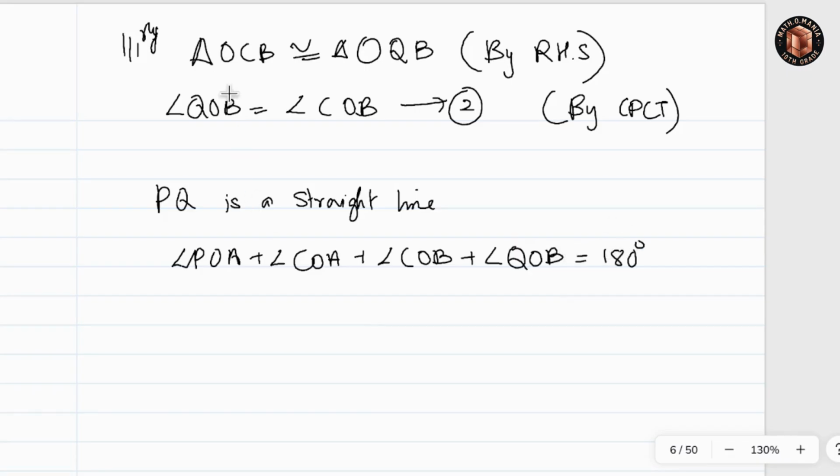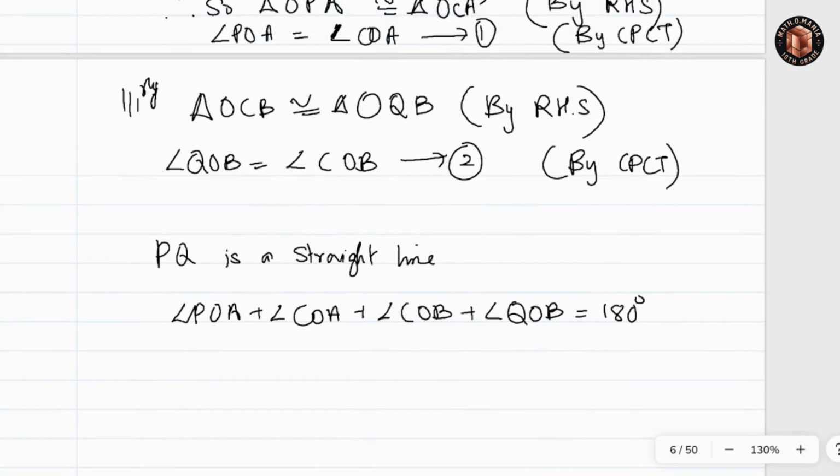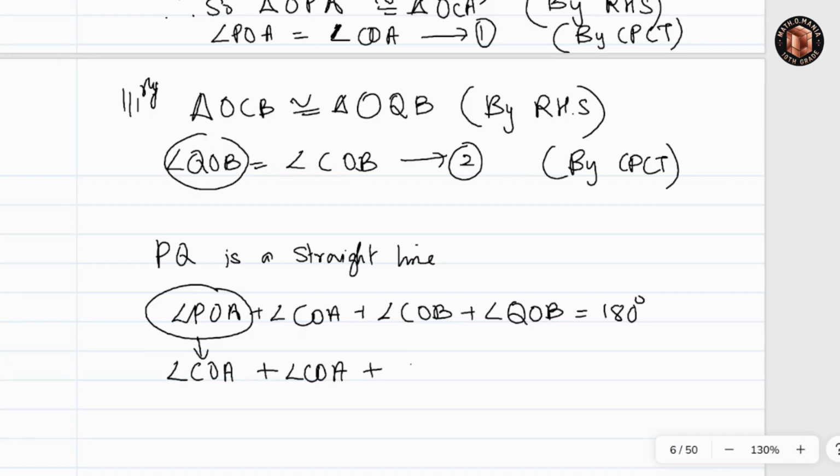Here from the equation number 1, I can replace this POA by angle COA because both are equal. That is angle COA plus angle COA plus, from the equation number 2, I can replace this QOB by angle COB. That is angle COB plus angle COB.